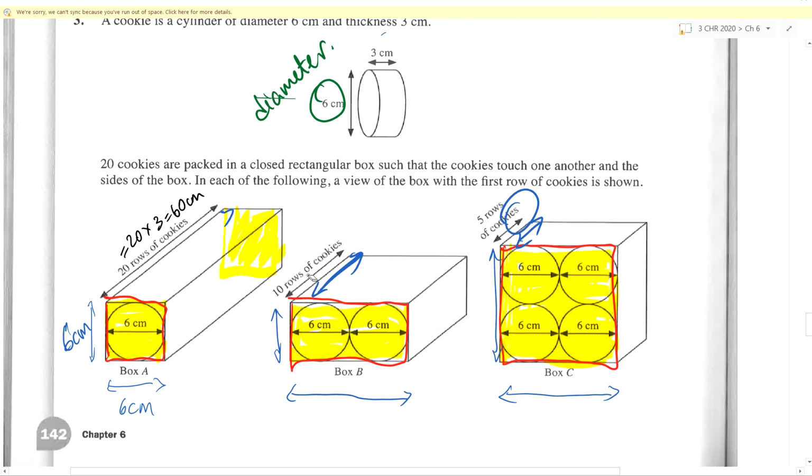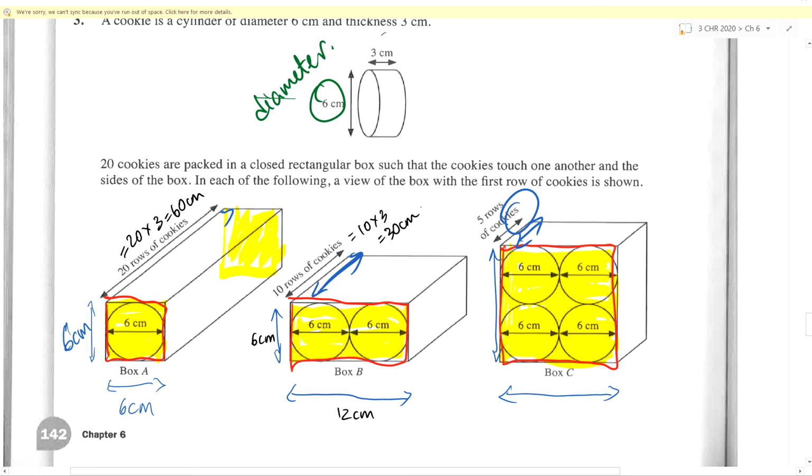Let's do the next one. Here in box B, the horizontal distance will be 12 cm. Vertical distance 6 cm. And this distance over here will be 10 multiplied by 3, and we get 30 cm.